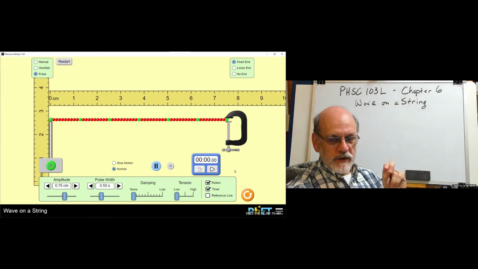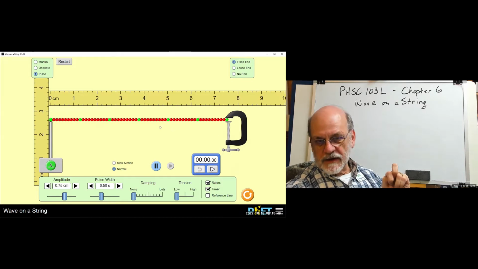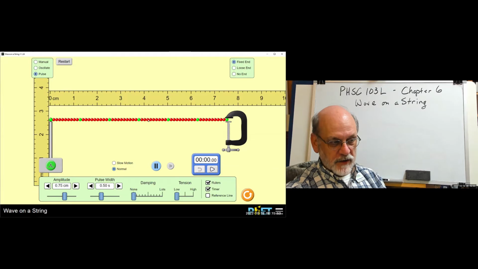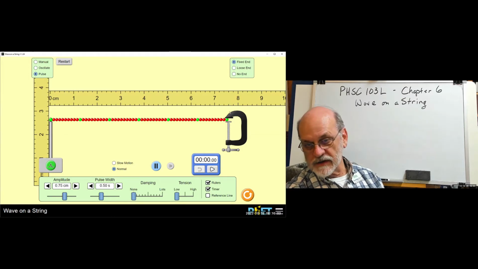Now use the ruler to measure the length of the string. This thing with the red and green balls on it is the string. So we want to measure the length. All right, we've got this. Notice that the 0 centimeters is set right on that green dot. So we want to say, how long is it? It looks to be, this is centimeters, so it's 7, 8 centimeters.